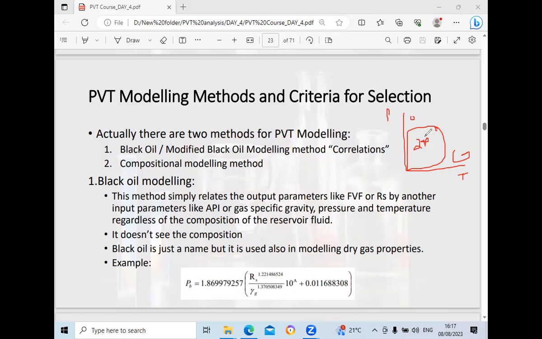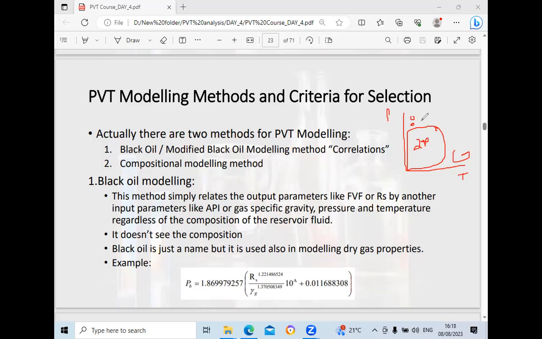The predominant property that controls the behavior of gas is temperature, and the predominant property that controls the behavior of oil is pressure. We are not saying that the other one will not contribute, but we are talking of predominantly. So if I have a fluid that exists at this point, it is a black oil fluid. As you move away with increase in temperature, we now have the volatile oil.